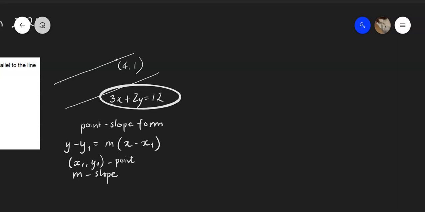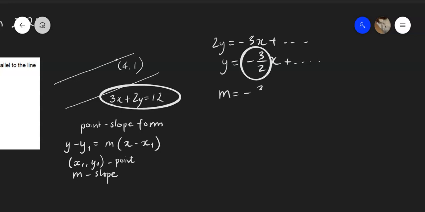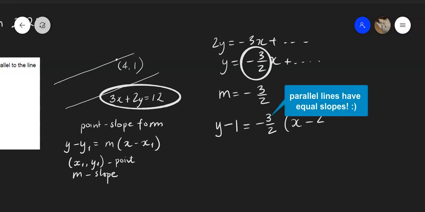So we would have 2y equals negative 3x plus whatever, and therefore y equals minus 3 over 2 x plus whatever. I'm not interested to know what comes after the plus, I just need to extract this number over here. So m equals minus 3 over 2, and therefore the equation that we need to find will be y minus 1, remember that 1 is the y coordinate, equals minus 3 over 2 times x minus 4.